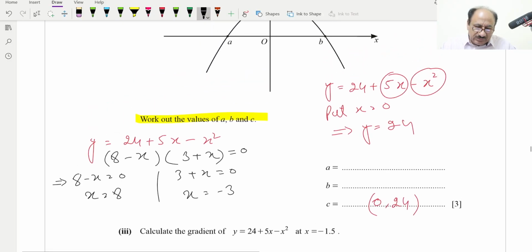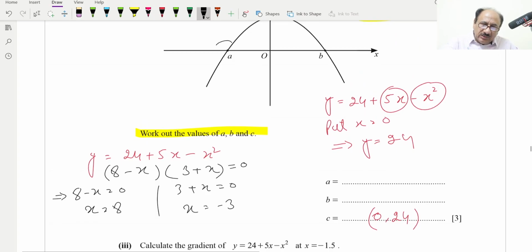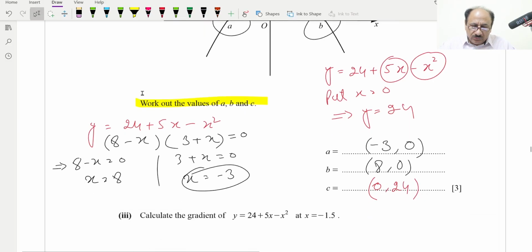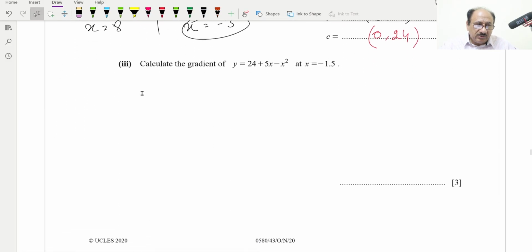So you can check from here, A has a negative value, so this value we will use for A. We cannot write this value for B, so A will be -3 and 0, and B will be 8 and 0, because on the x-axis y value is always 0. So this is done. Then calculate the gradient of y.